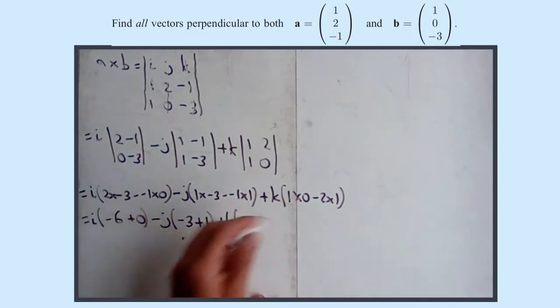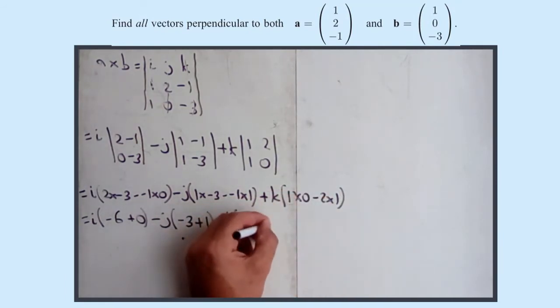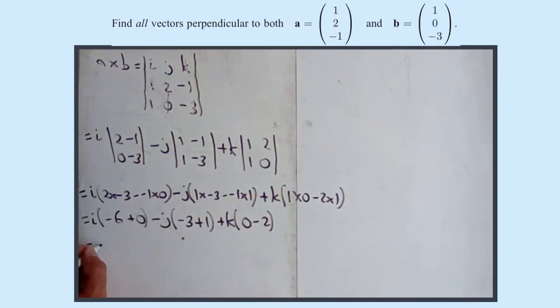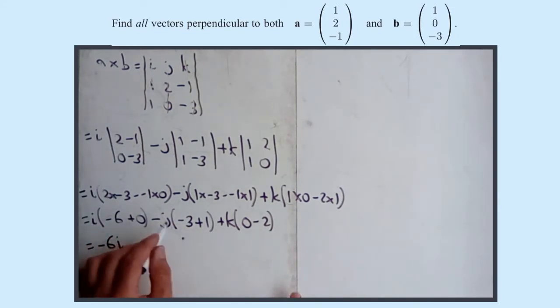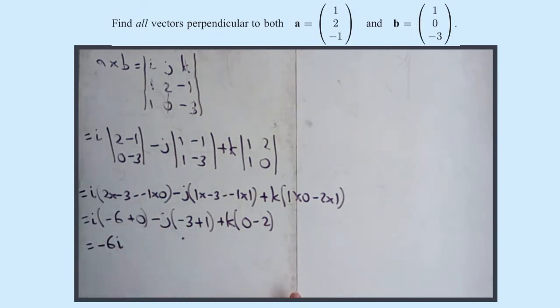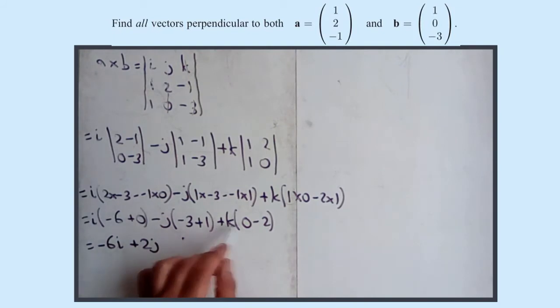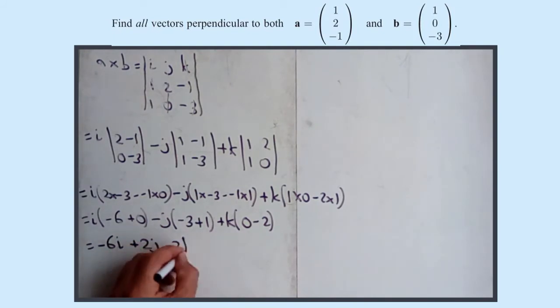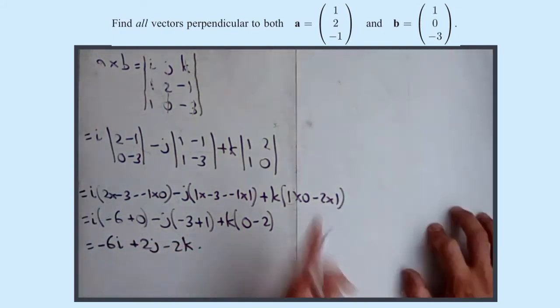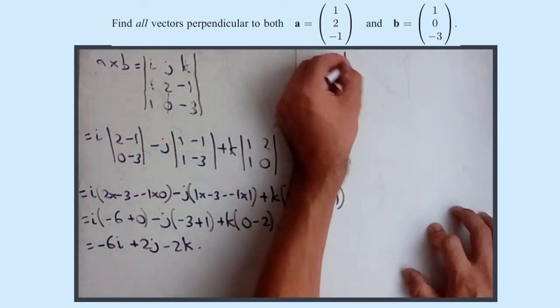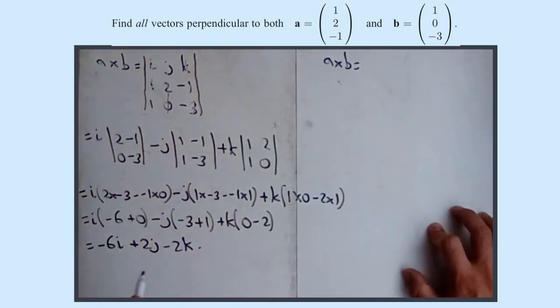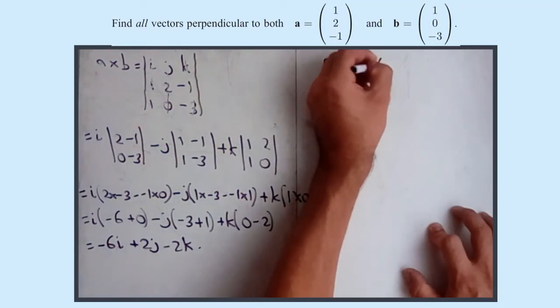Plus k. 1 times 0 is 0, minus 2 times 1 is -2. So that equals -6i, -3 plus 1 is -2, so -2 times the minus j is plus 2j, and then -2k. So A cross B equals (-6, 2, -2).